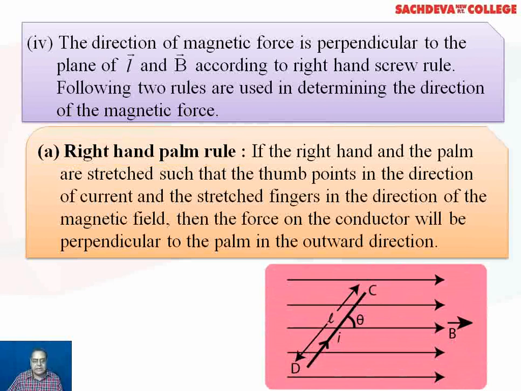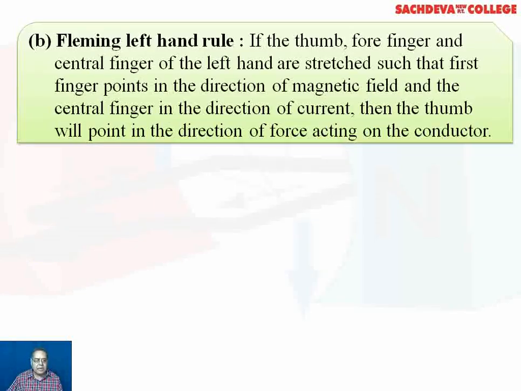If the right hand and the palm are stretched such that the thumb points in the direction of current and the stretched fingers in the direction of magnetic field, then the force on the conductor will be perpendicular to the palm in the outward direction. And then comes Fleming's left hand rule.